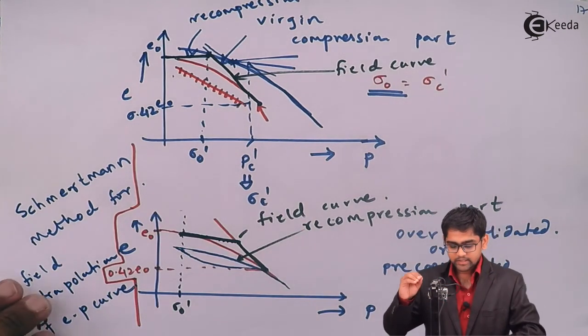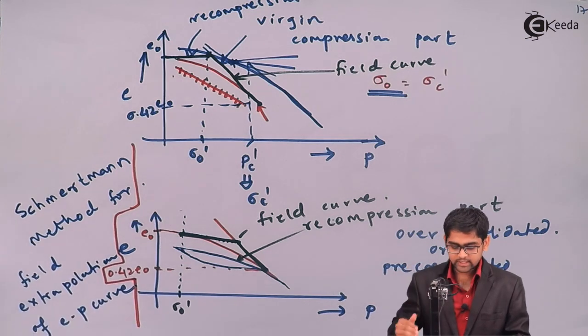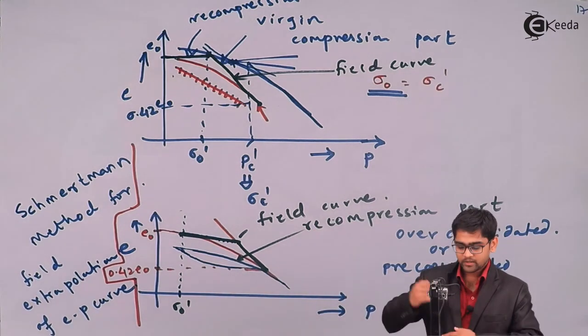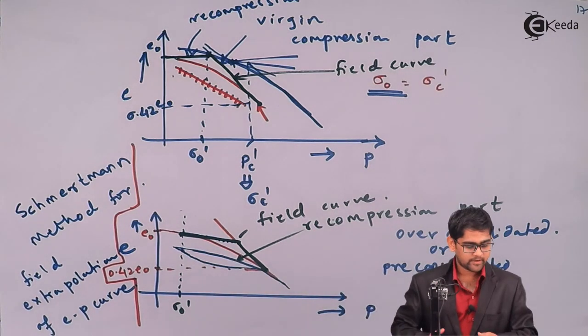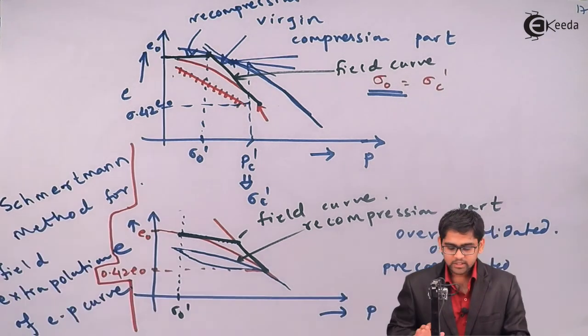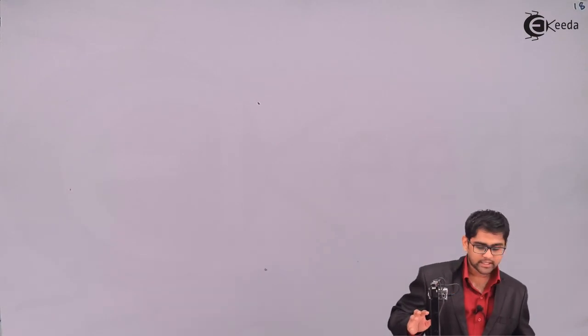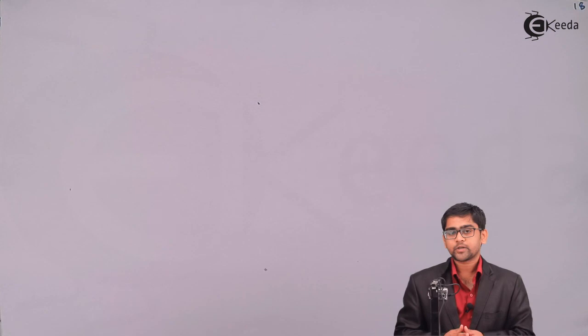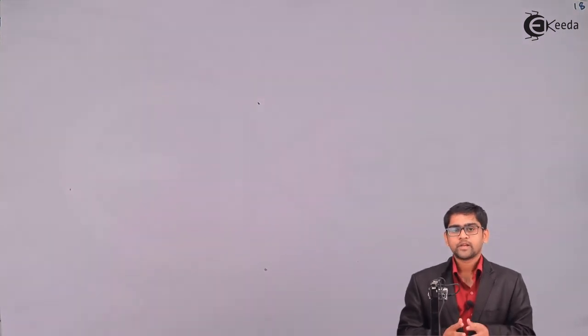You need to transfer the lab curve into the field curve in order to have a good correlation between them. Therefore this finishes the consolidation test. In the next class we will move ahead with the determination of the coefficient of consolidation from the Casagrande and Taylor's methods. Thank you.